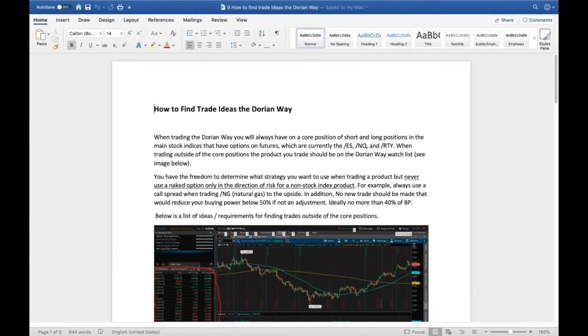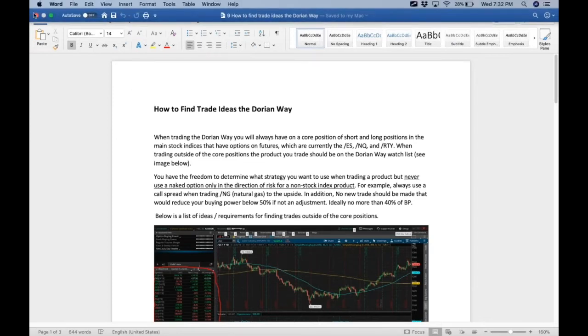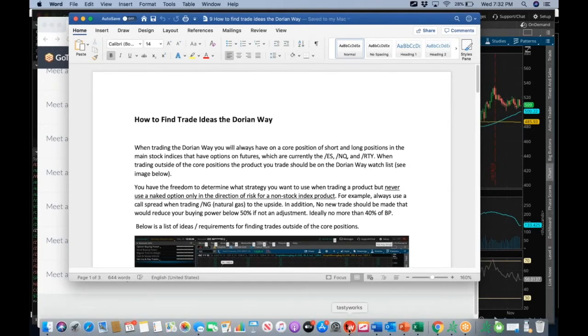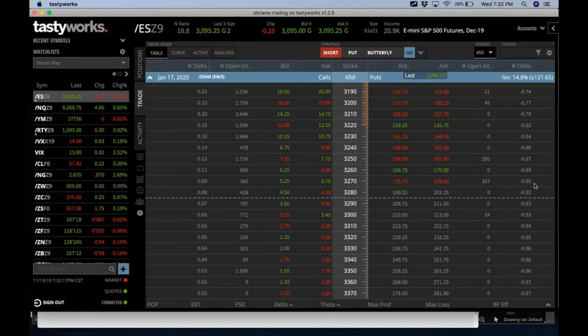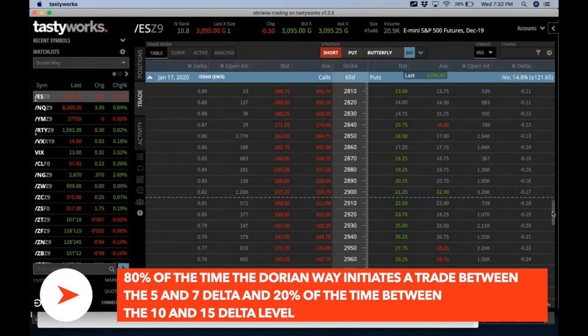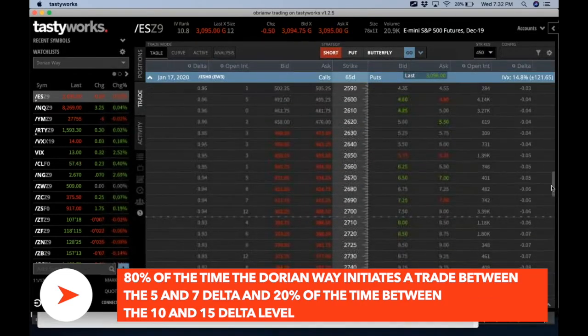Once again, as you probably already know, our core positions are the /ES, /RTY, and /NQ. When we are doing a core position, let's say in the ES on the put side, we start off by doing a 100-point wide spread, starting with the 5 delta, then we work our way up to the 7 delta.